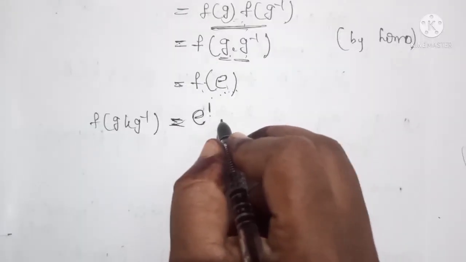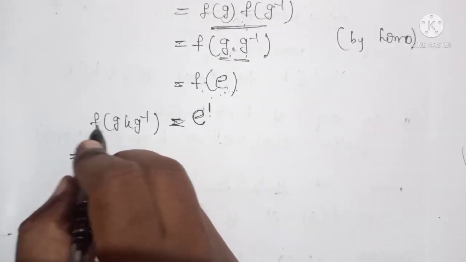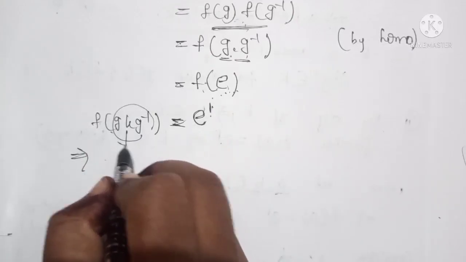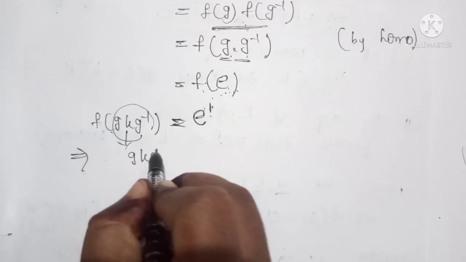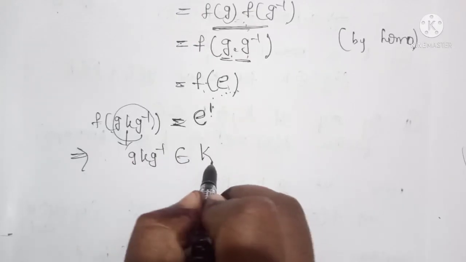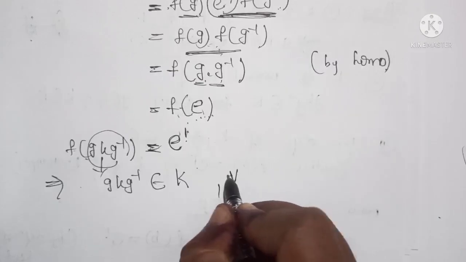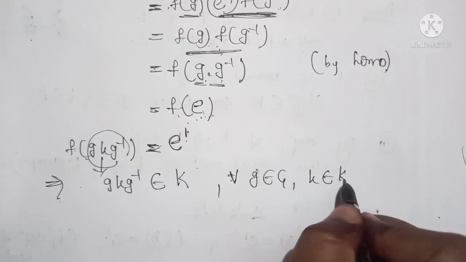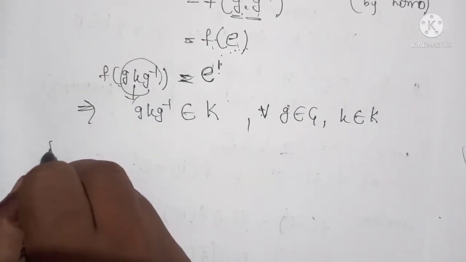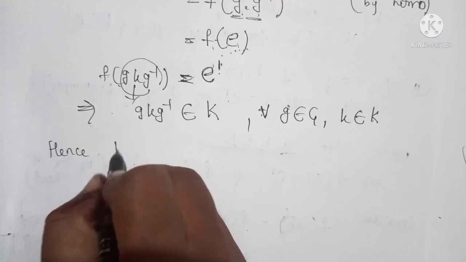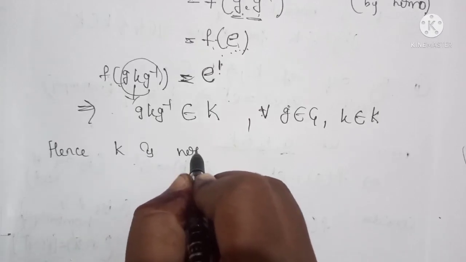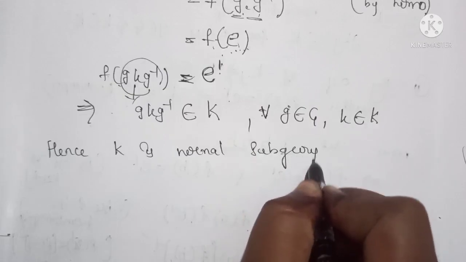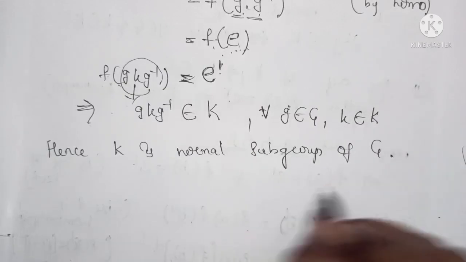It implies that since the image of this element is equal to E dash, this element GKG inverse belongs to K, for all G belongs to G and K belongs to K. Hence K is a normal subgroup of G. That's the proof.